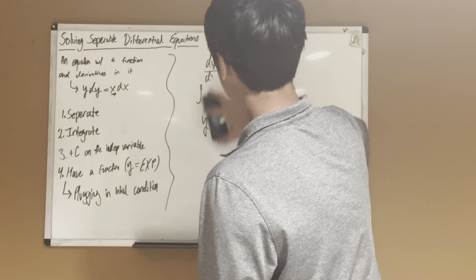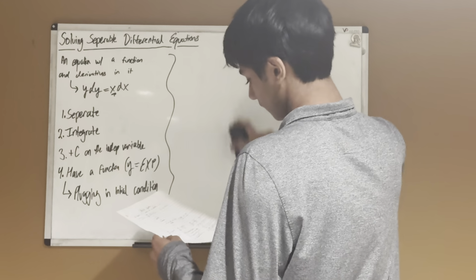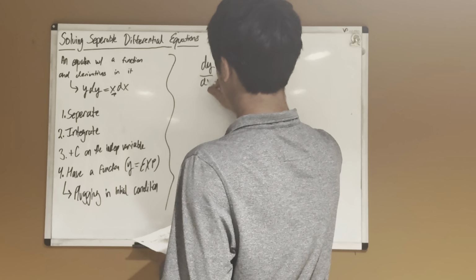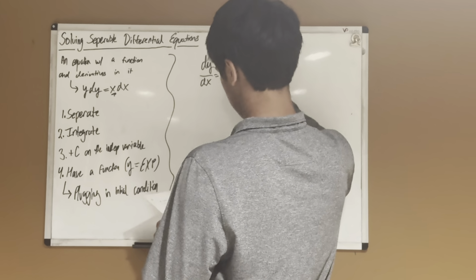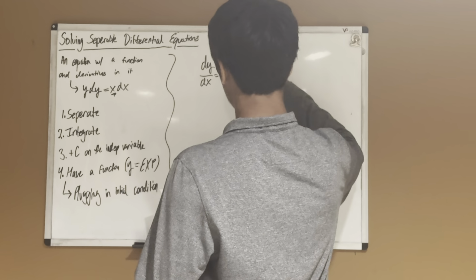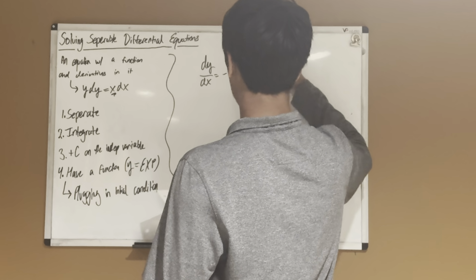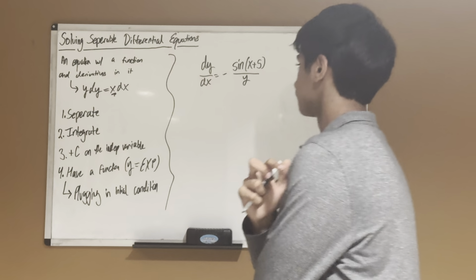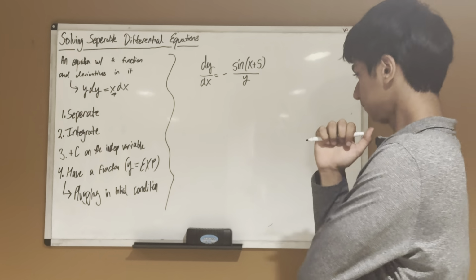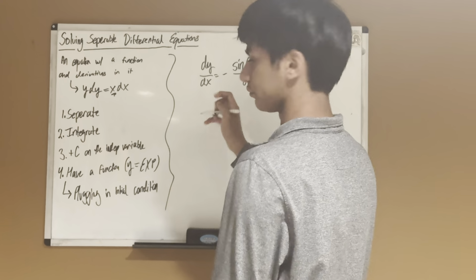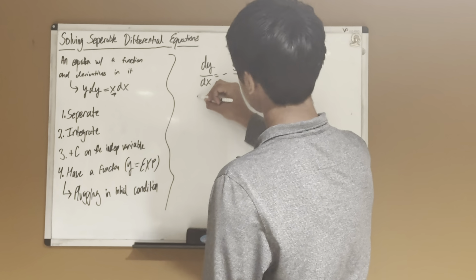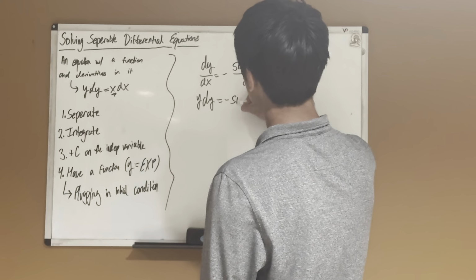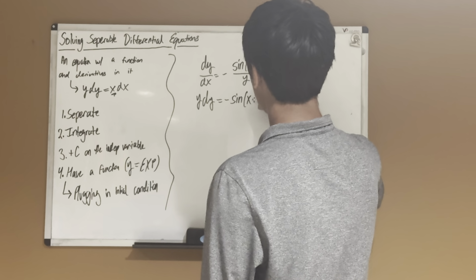Next, let's say we have the differential equation dy over dx equals negative sine of (x plus 5) over y. Sorry, so the first step is to separate the variables, right? So we get y dy equals negative sine of (x plus 5) dx.